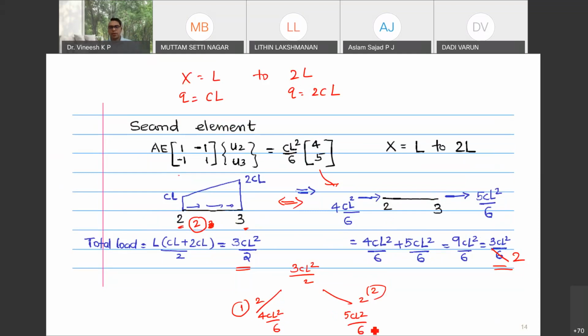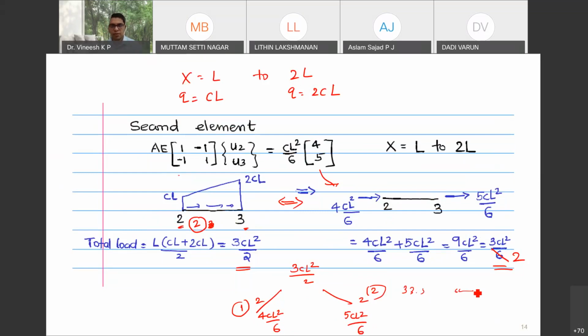So now can you calculate how much percentage is distributed here, and how much percentage is distributed here? It will be that much itself, 33% in one node and 66% in the other node.